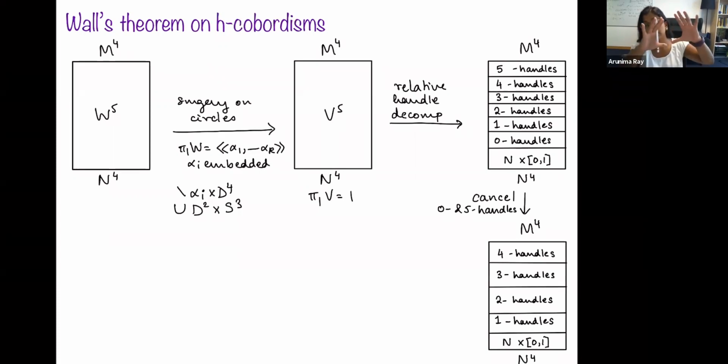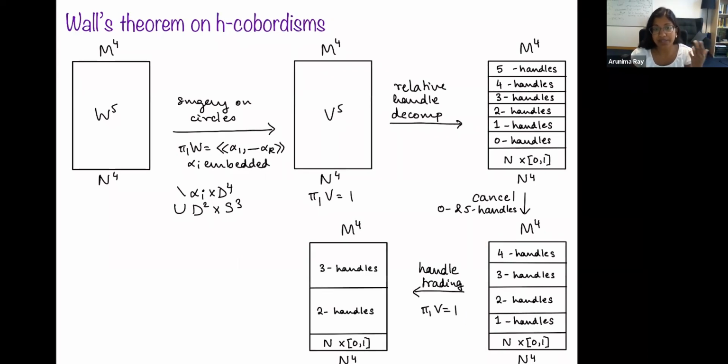But I can also take the handle decomposition and turn it upside down. The 5 handles will become the 0 handles, and I can assume that those aren't there either. So by that process, I can assume that my cobordism just has 1, 2, 3, and 4 index handles. All right, so that's nice. And then one more step. I don't have an H cobordism yet, but I do have a simply connected cobordism. And the process of handle trading that I had last time still applies.